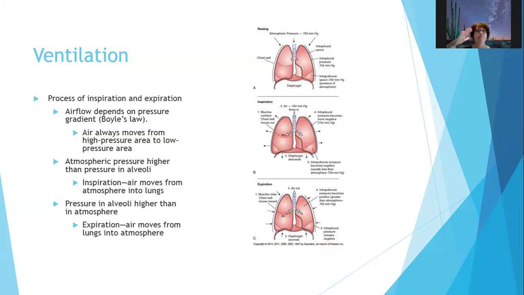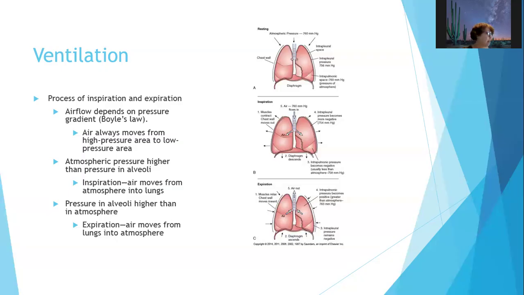So when the diaphragm contracts, it pulls downward, and airflow always moves from high pressure to low pressure. So when the diaphragm moves downward, it expands the thoracic cavity, decreasing the pressure, and the pressure becomes less than the atmospheric pressure of air outside our body, and the air rushes in. That's exactly what we want to happen.